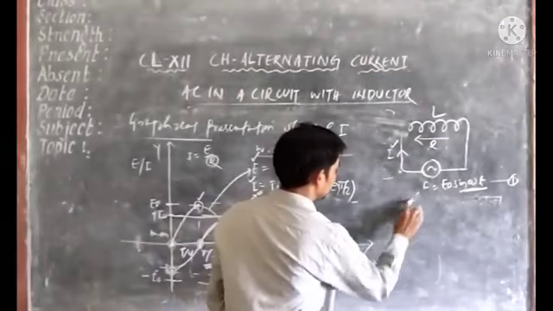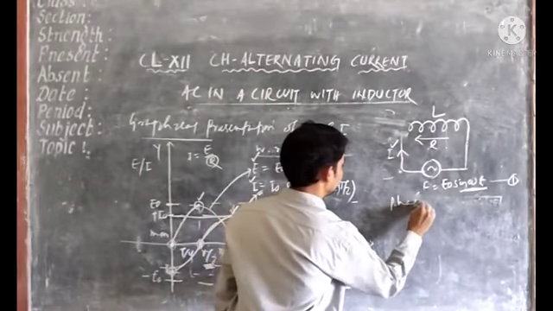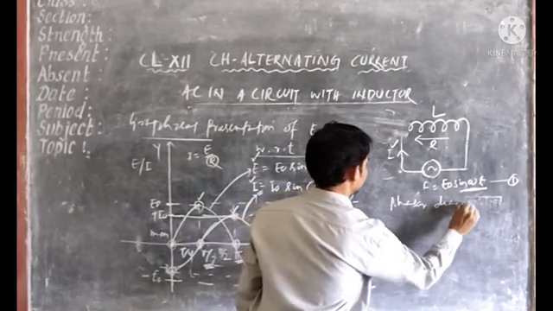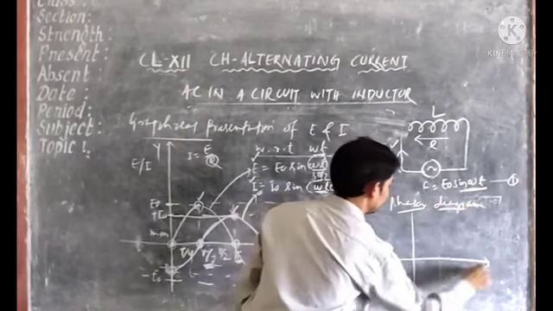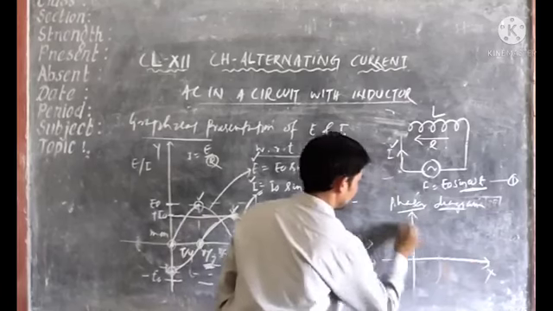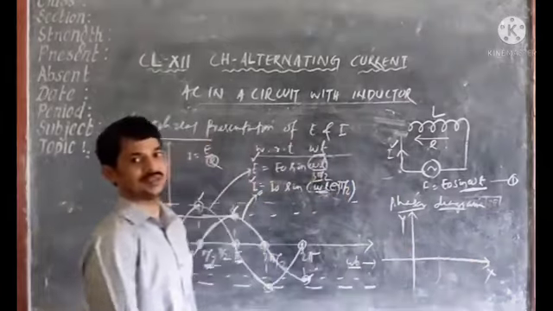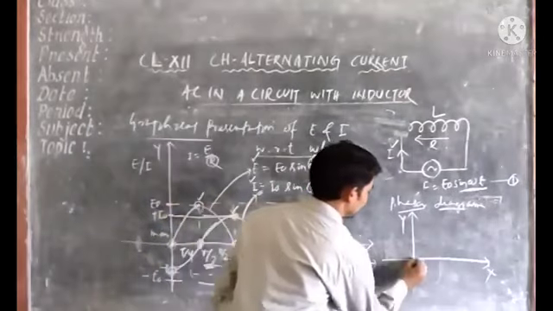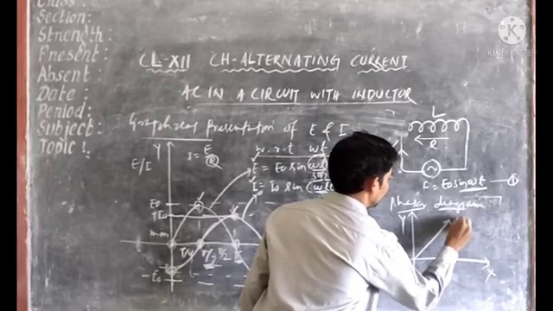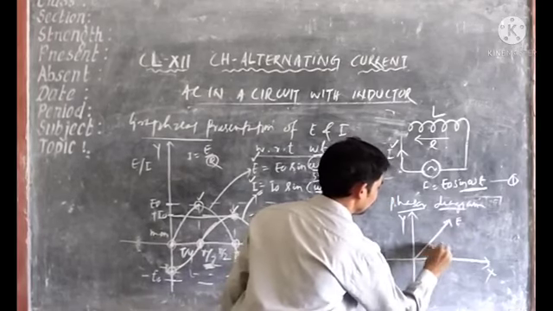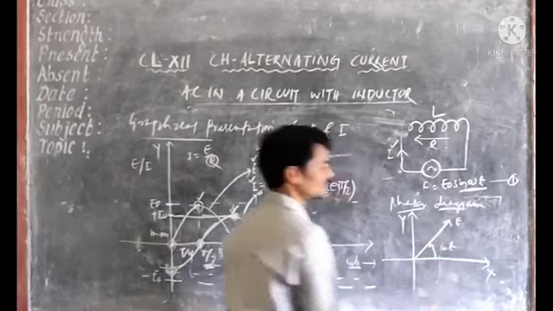So for that purpose, the phasor diagram. Let's draw the x-axis and y-axis. Then as usual, we know that alternating EMF can be represented by the rotating vector E, and at any moment the phase is suppose omega t.